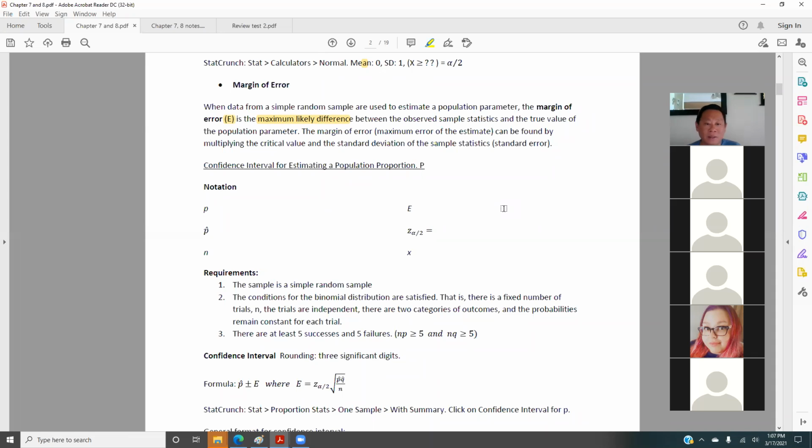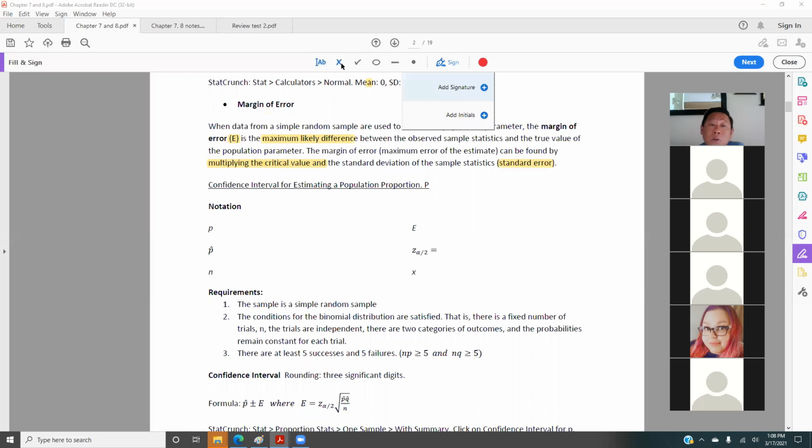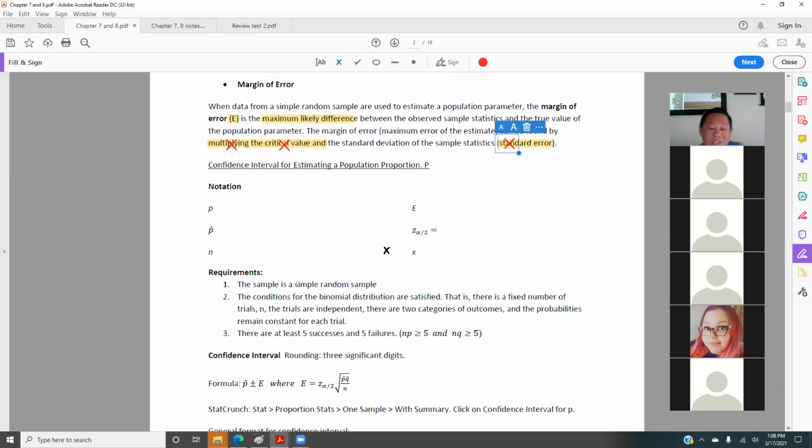To find the margin of error, you multiply the critical value with the standard error. But you do not need to worry about this, because the videos I posted on YouTube, the ones I asked you to watch, will use this formula.